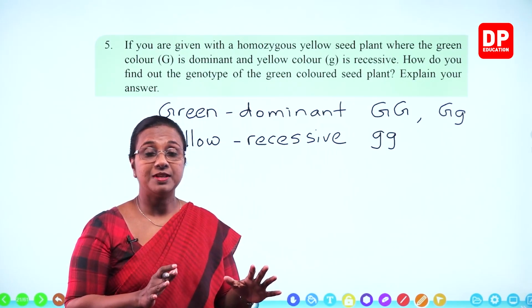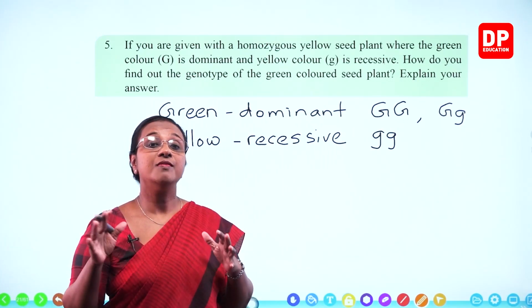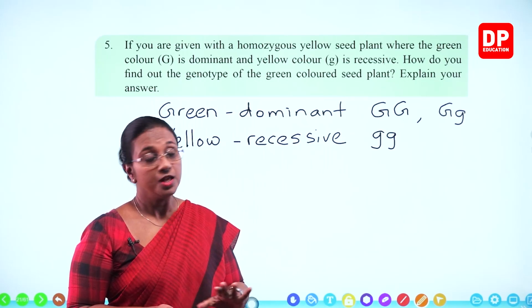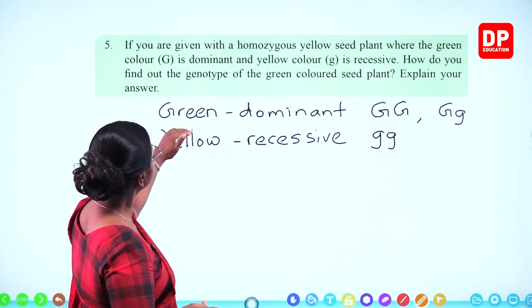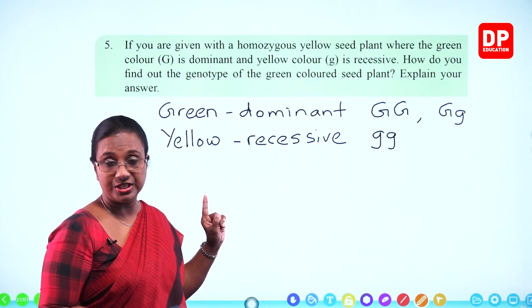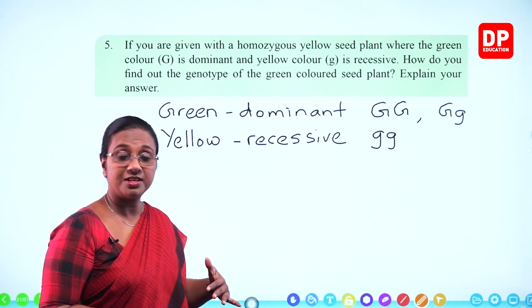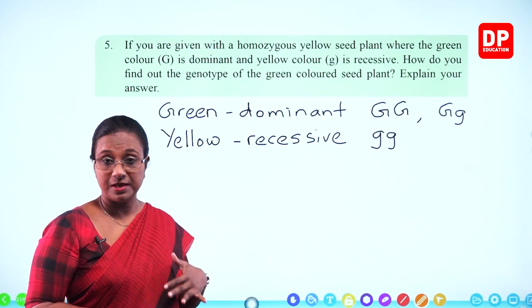At the same time, experimentally also, we need to crossbreed the plants. So you take the yellow color seed plant and the green color seed plant with homozygous genes, crossbreed them, get the generation, look at the observation, get the phenotype ratio.